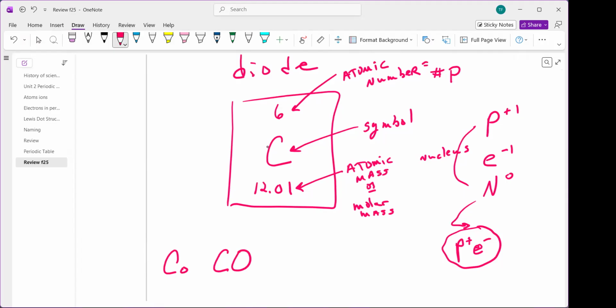If it's a molecule like CO2, then it's molar mass because it's additional atomic masses added up. So the sum of the atomic masses in a molecule equals the molar mass.